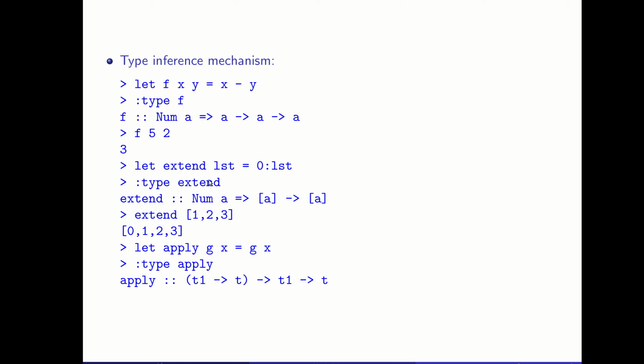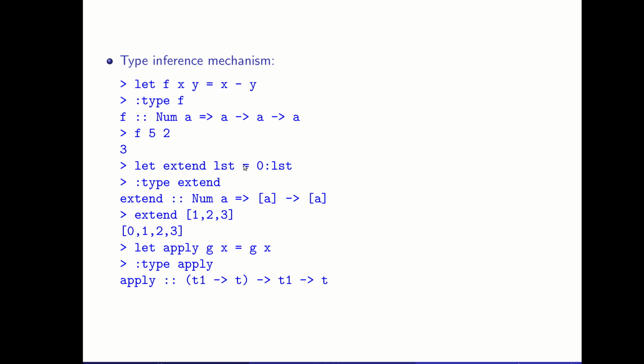So the type of extend, we know it's taking lists, and those lists contain some type of data A. There's only one restriction on that type of data, and it must be numbers because I've taken a number here and combined it with the existing list. So Haskell has inferred that the list will be a list of numbers.